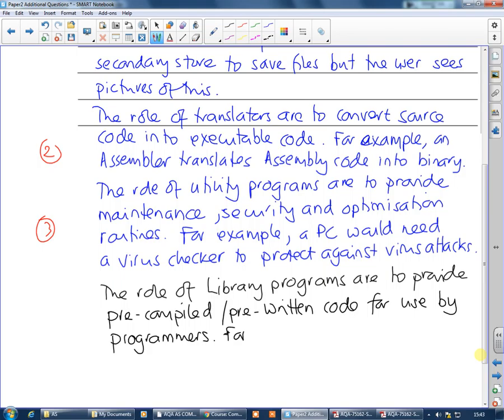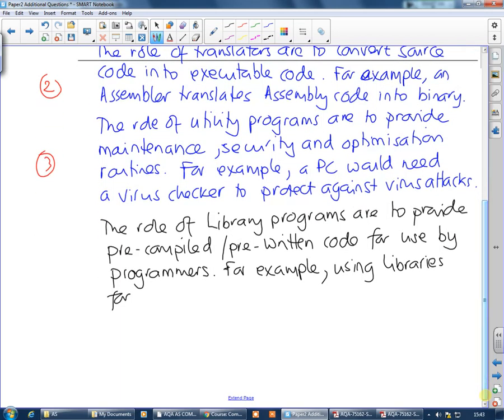Okay, for example, using libraries for games, let's say for objects in games, so let's do that, for objects in games, e.g. let's clarify that further, a bullet.